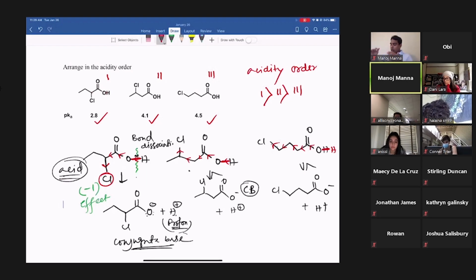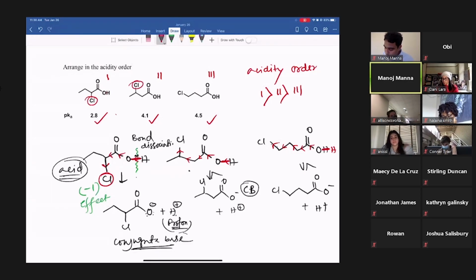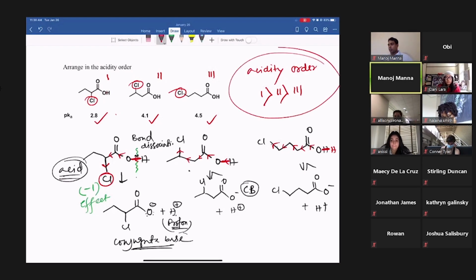That means with increasing distance, the inductive effect of chlorine decreases. Is it clear? Because of the electronegative atom chlorine, with increasing distance the inductive effect decreases, right? That's why I say the acidity order is this.